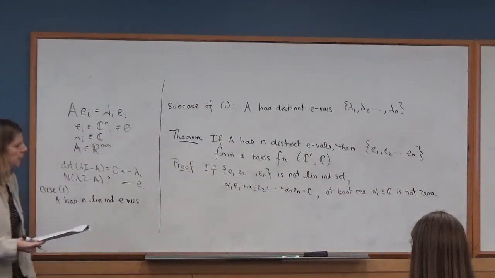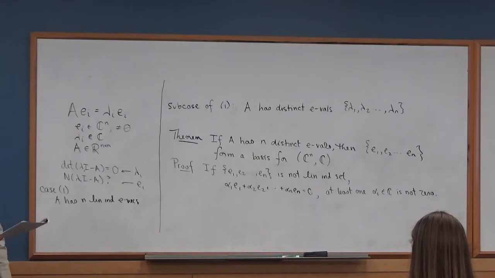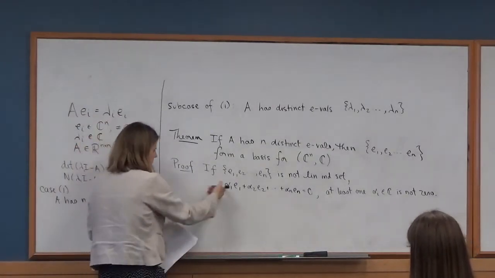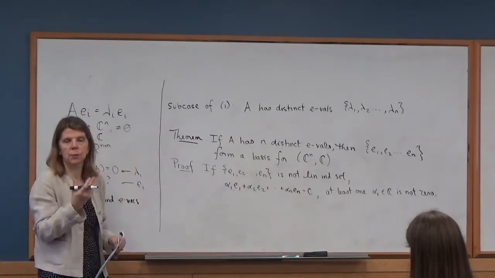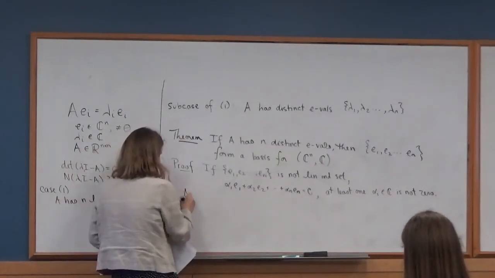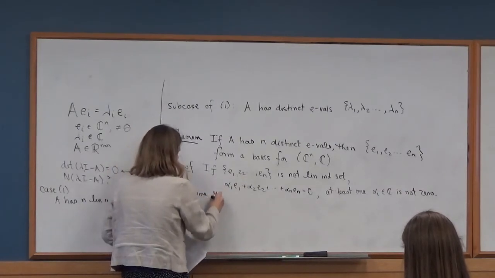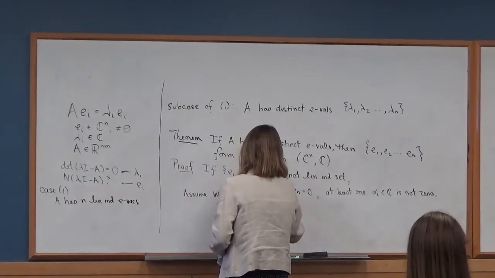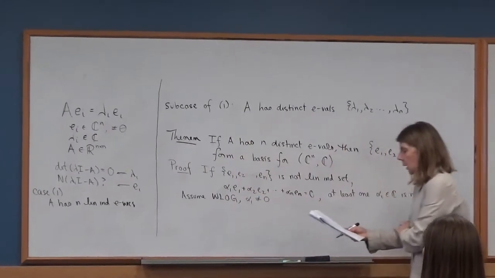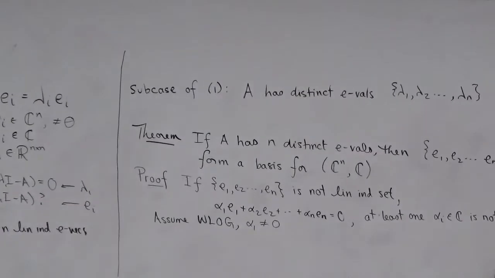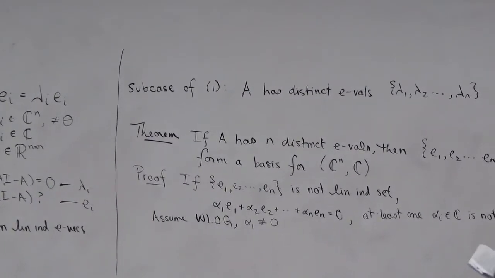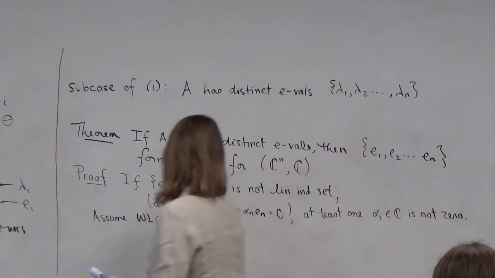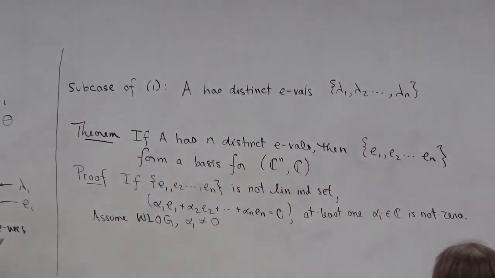Alright, so now we know at least one is not 0. So without loss of generality, let's suppose that alpha 1 is not 0. I could have chosen a different one or some combination of them. The proof still holds. So assume, WLOG, without loss of generality, that alpha 1 is not equal to 0. And then take this equation here and just pre-multiply that equation by the following product.